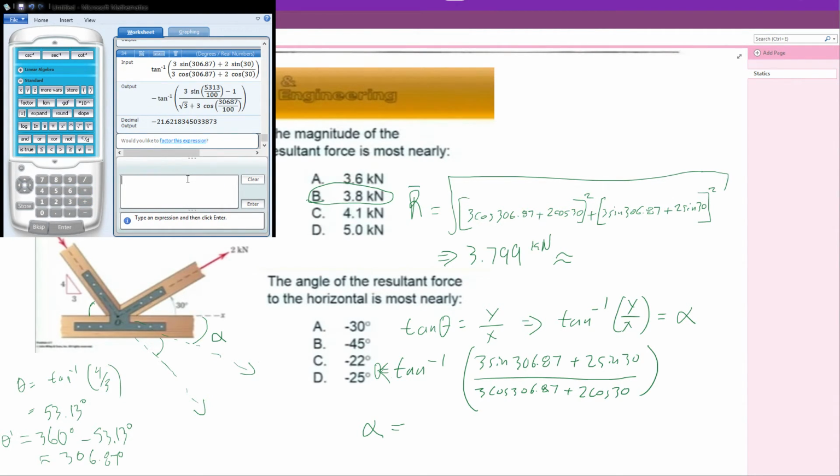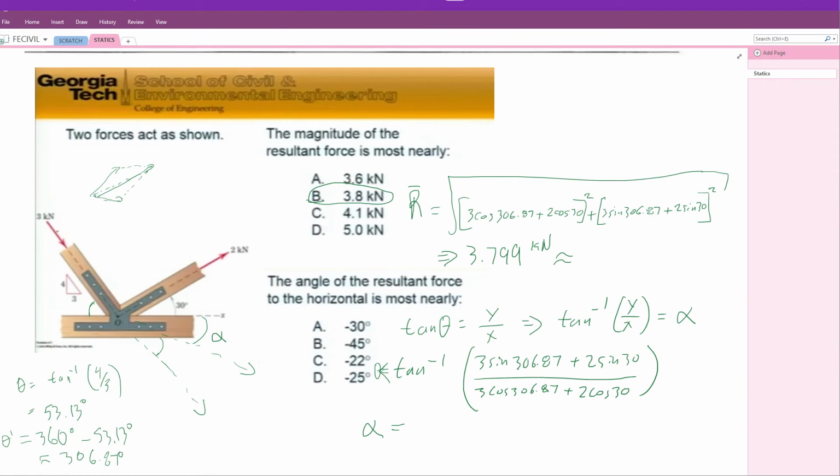Okay, so since I used the full angle, it takes care of the negative signs and stuff for me, and that's something you should think about. Yeah, it's about 22 degrees. Let's see which one is closer to 22. It's this one. So the answer is C.